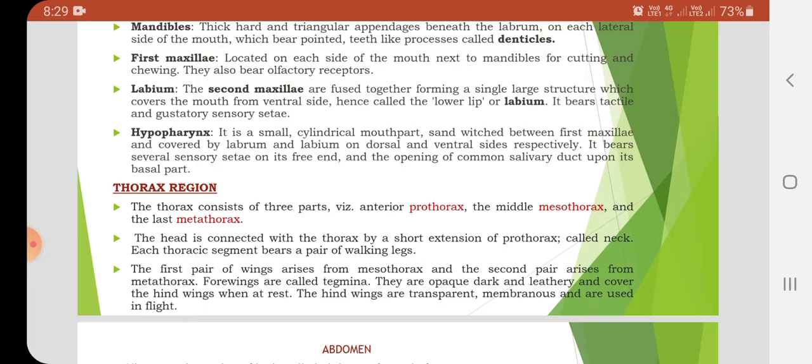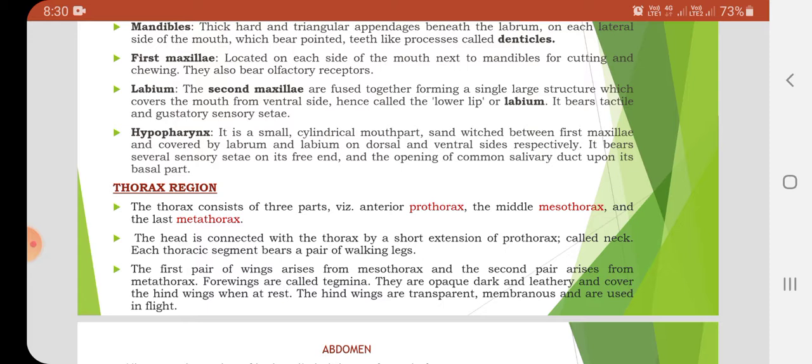Hypopharynx is a tongue-like structure hanging in the preoral cavity. It has a comb-like chitinous plate called superlingua on either side. It mixes the food with saliva.